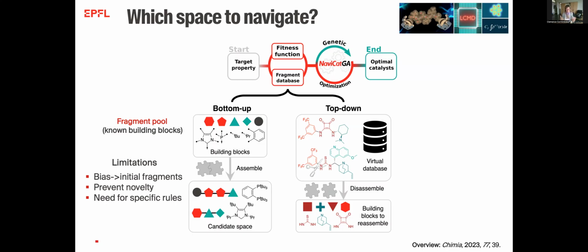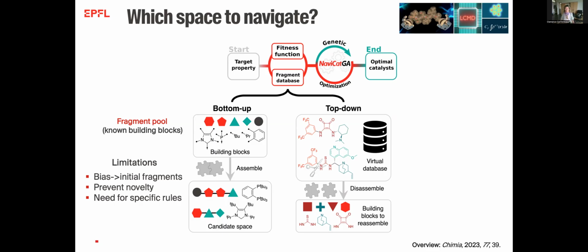All your assemblies of building blocks constitute the candidate space that you will then navigate to identify which molecule made of building blocks is the best in terms of property. The limitation here is that it's biased, because you have to predefine these fragments, which might prevent novelty, because also the way you assemble these fragments can be biased. And you need these specific rules to assemble the fragments together.